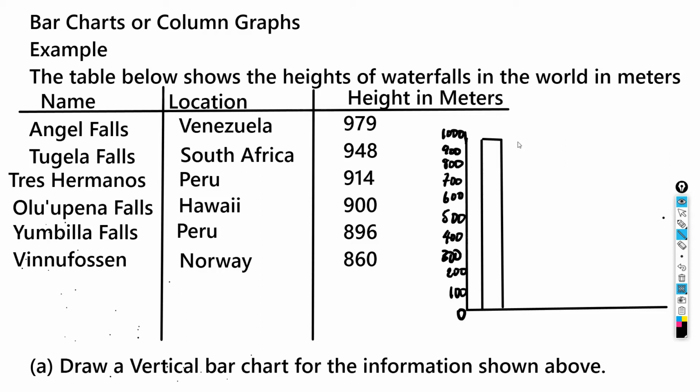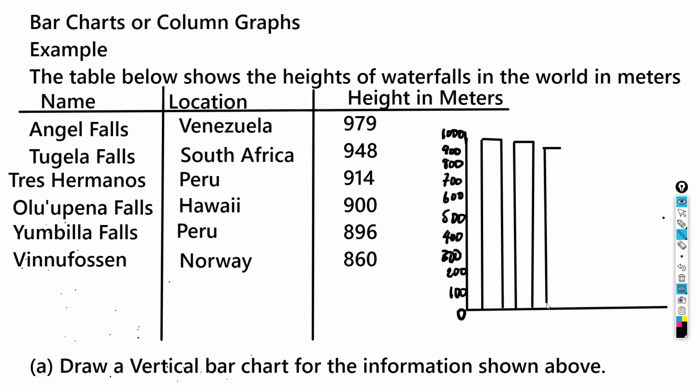So it should be a bit lower, right, guys? It should be about here. 948 is about there. These are actually really close. So this is the height of the second falls. And the next one is 914, which is about here.